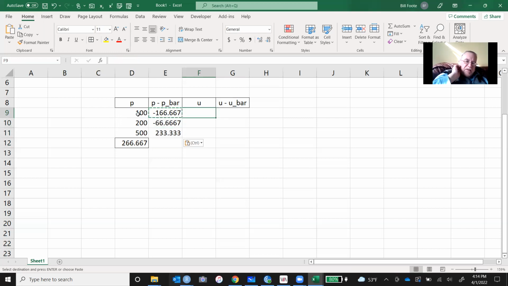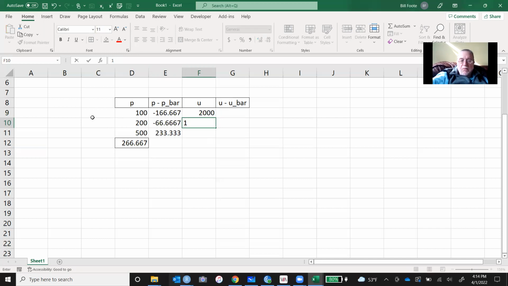And suppose that at the same time, now this is important, at the same time you observe a $100 price, you observe a 2,000 unit sale. At a $200 price, the price goes up, you only see 1,000 units sold. And at 500, you only see a 400 unit sale. It'll look a lot like our curve.